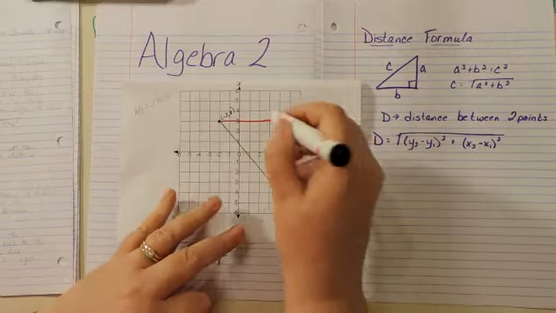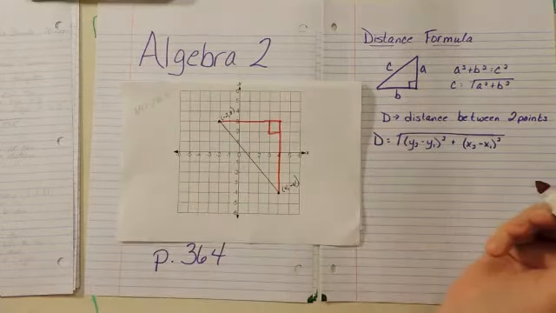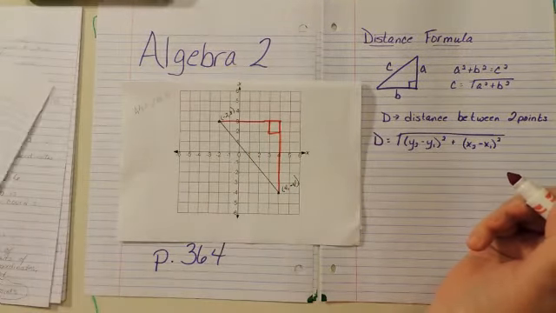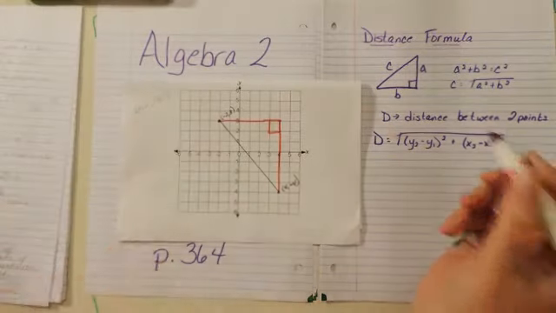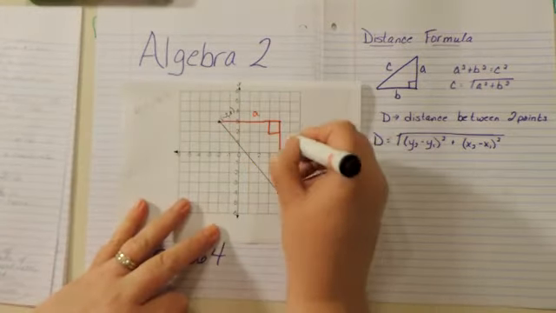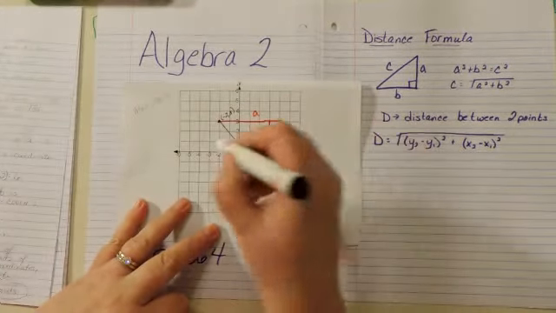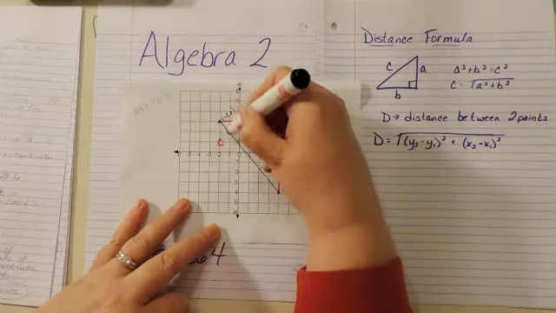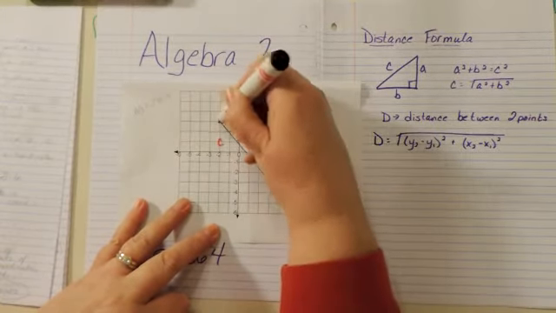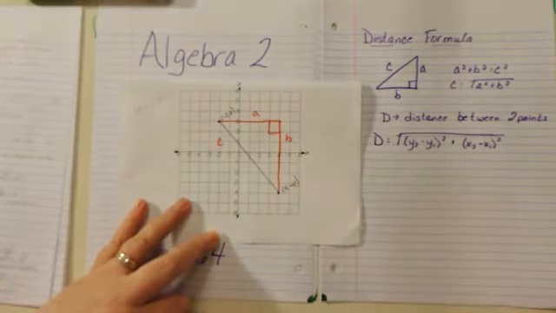Okay? Now we have a right triangle. We can call this side A, this side B, and this side C. And this side is the distance between this point and this point. Okay?